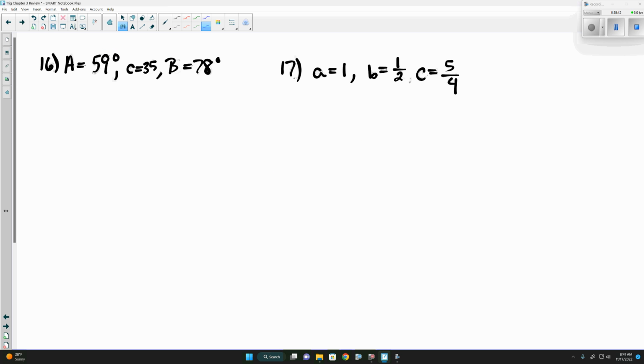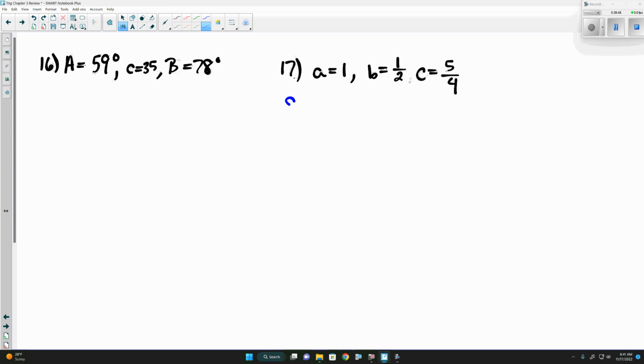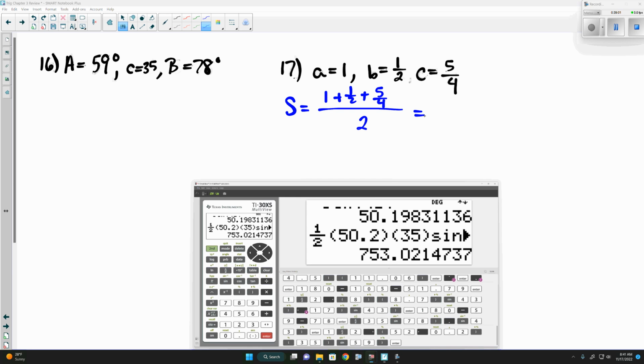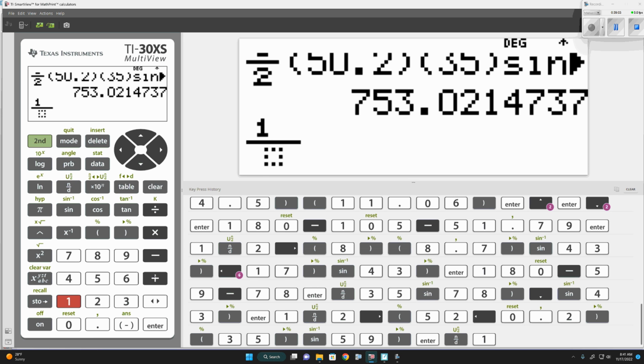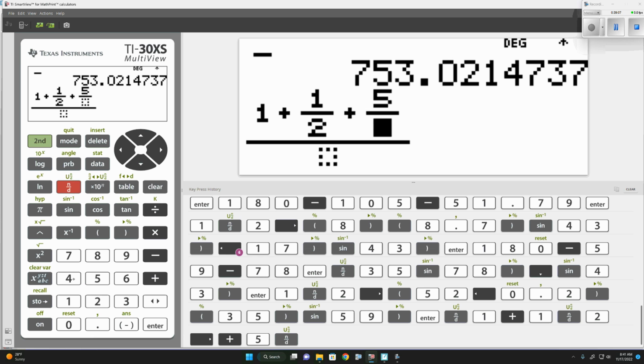We ready to look at 17? Yes. 17 is the other area formula we have. We add all the side lengths together and divide by 2. We have 1/2, 5/4, and 1, so 1/2 plus 1 plus 5/4, all over 2, gives us 11/8.